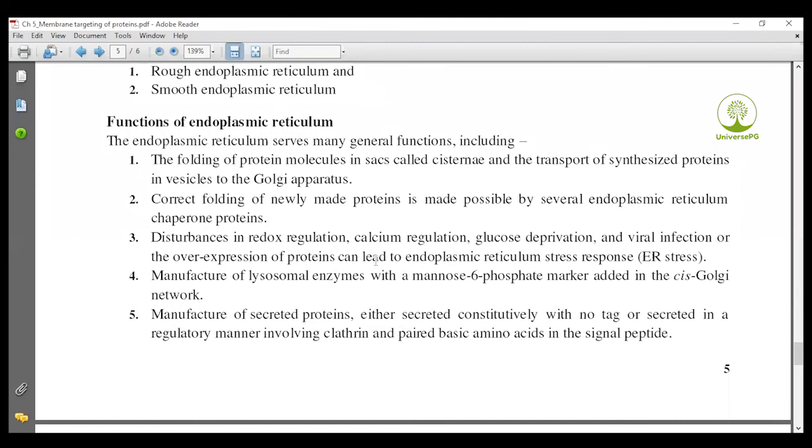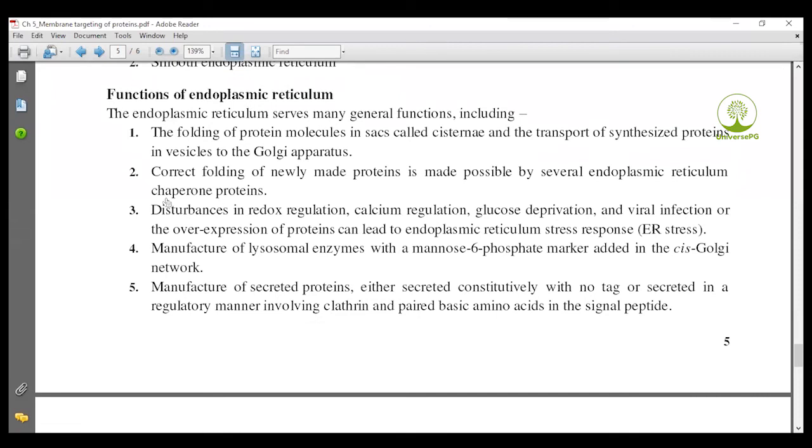Functions of the endoplasmic reticulum: the folding of protein molecules in sacs called cisternae, and transport of synthesized proteins in vesicles to the Golgi apparatus. Next, correct folding of newly made protein is made possible by several endoplasmic reticulum chaperone proteins.